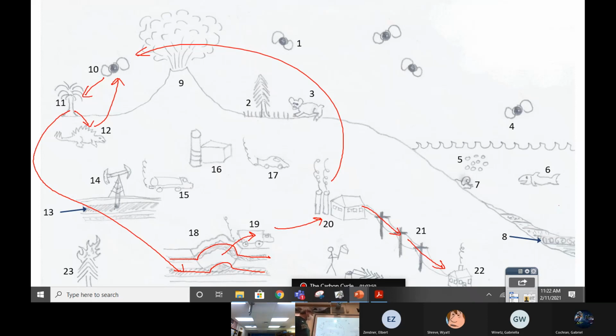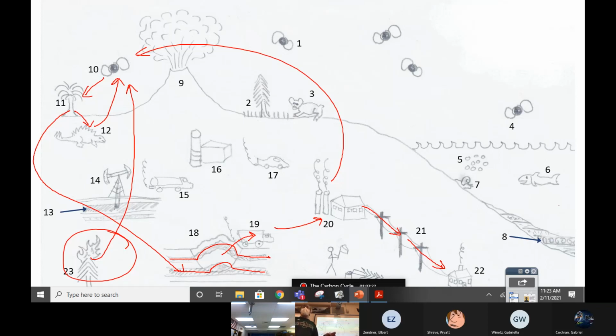And then there's two more things. Down here in this corner, we have forest fires. And the carbon that this tree absorbed now goes back to the air. So forest fires add some carbon dioxide to the air, but how old is that tree compared to how old is this coal? This coal is 200 million years old. The carbon has been out of the atmosphere for 200 million years, whereas the tree might be 200 years old.